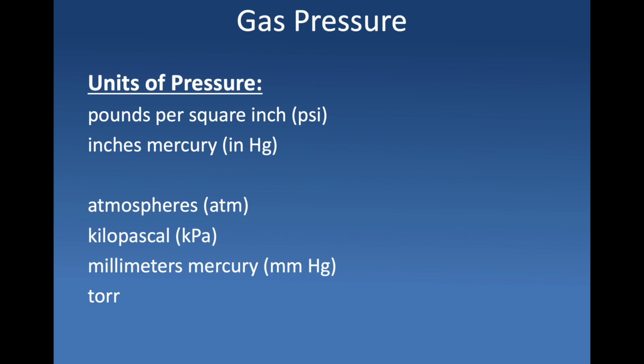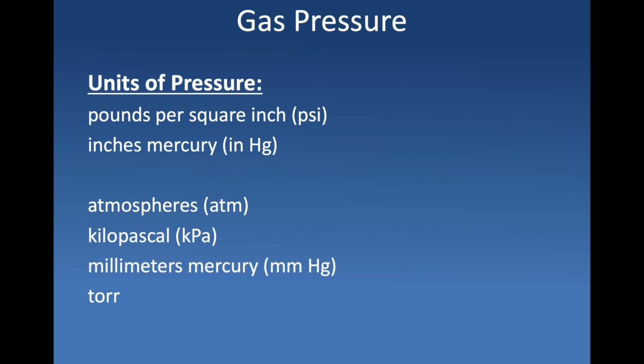Kilopascals, kPa, which is the common unit of pressure used in countries that use the metric system. Millimeters of mercury, the metric alternative to inches of mercury, and torr. And that doesn't even cover all of the units of pressure. There are many different pressure units.